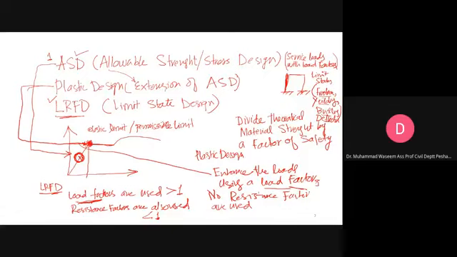Okay, plastic is an extension of ASD because we are going from ASD to limit state design. And the most recent form of limit state design, we call it LRFD. Okay, in ASD, the stresses remain within the elastic range. In case of plastic, the stresses are in the plastic range.